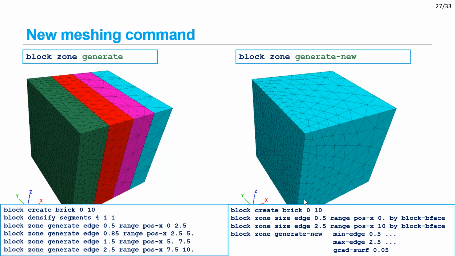On the left, I have put 0.5, and on the right, 2.5. And then we write this command, block zone generate new, specifying the minimum edge, maximum edge, and a factor for surface gradation. We can see that we have a progressively increasing mesh size without needing to cut the block into several sub-blocks.